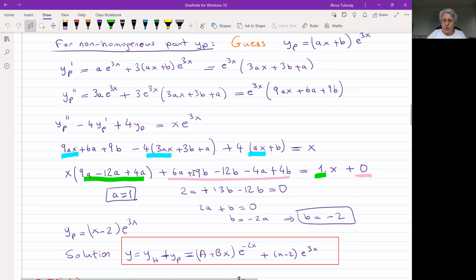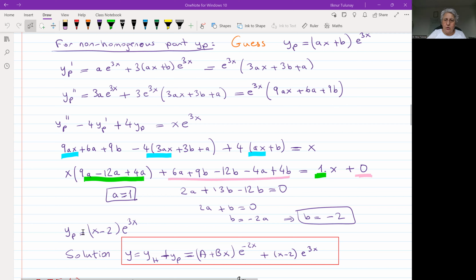And the b terms: 9 plus 4 is 13b, minus 12b is just b. And then a is equal to 1, so if we substitute, we have 2 here, and b will be minus 2. So we found a equals 1 and b equals minus 2.